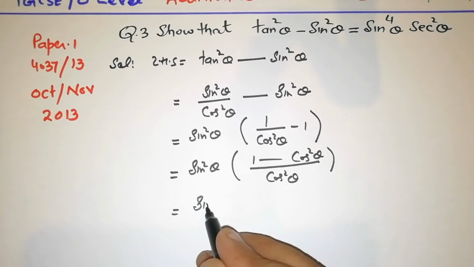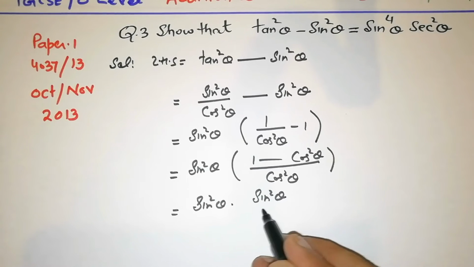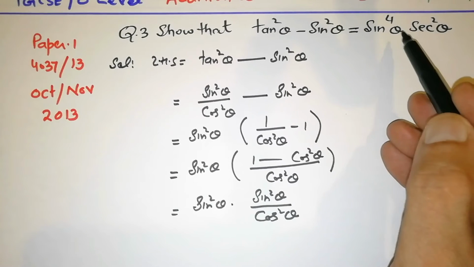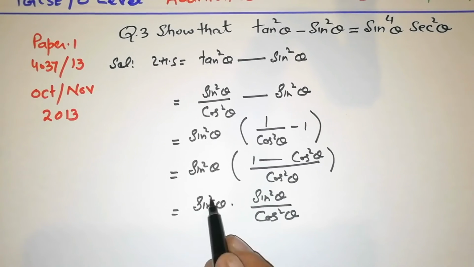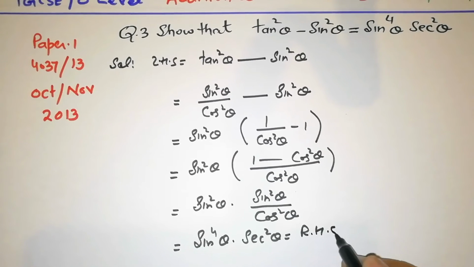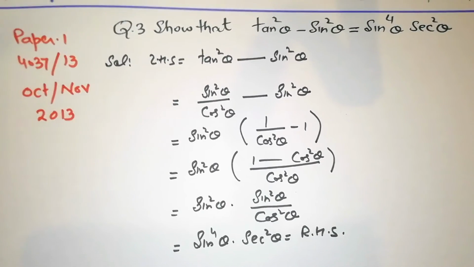Therefore, this is sine square theta and sine square theta divided by cosine square theta. Because in right hand side we have sine 4 theta, therefore we multiply these two. We have sine 4 theta and 1 over cosine square is secant square theta, and this is our right hand side of this question. So we come to our next question.